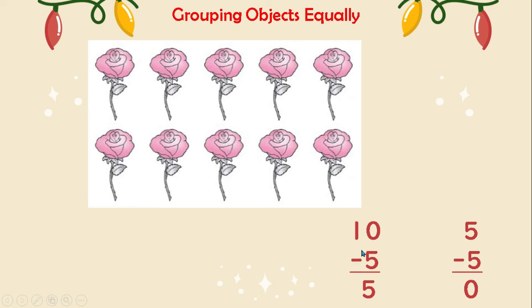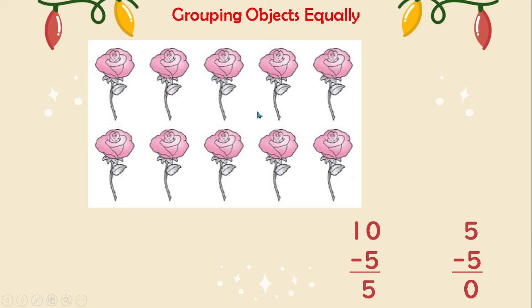So we have 2 subtraction sentences. From 10, 5 is subtracted 2 times. Very good. And we can split 10 into 2 groups of 5.